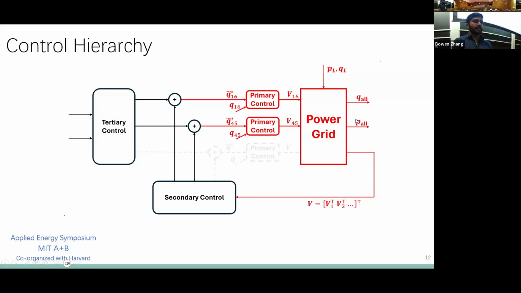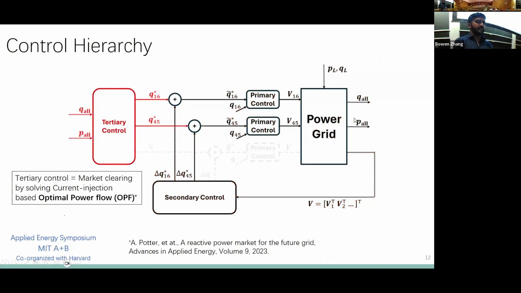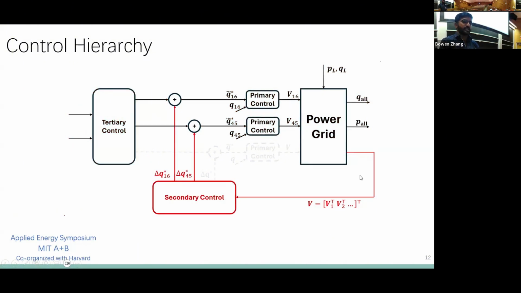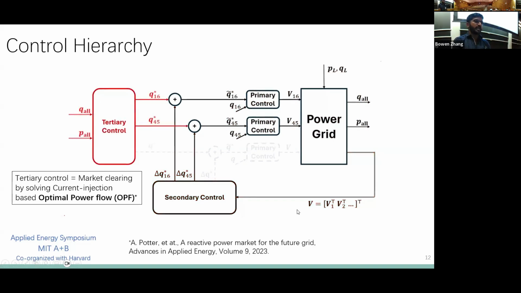And that feeds into the power grid with the load and other inputs. And then secondary control essentially looks at the measured voltages in the network and comes up with the set point changes that are needed to regulate the voltage. And then tertiary control is the market, which is at the slowest time scale.